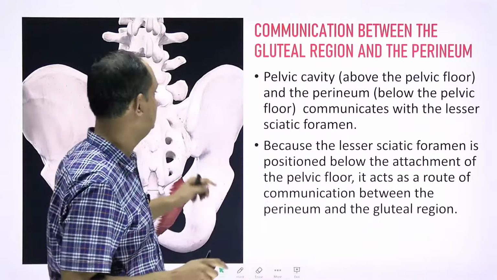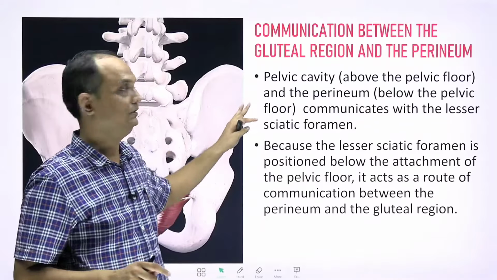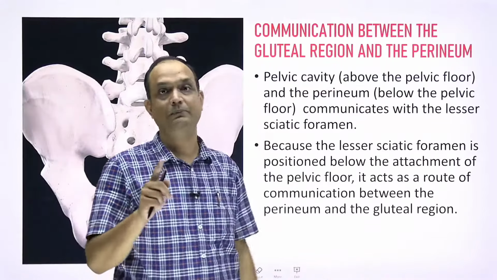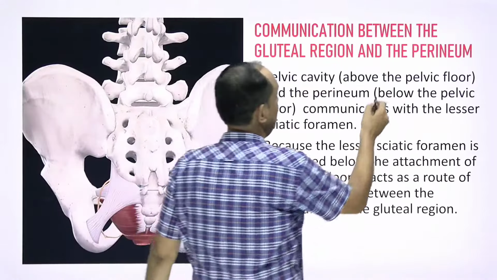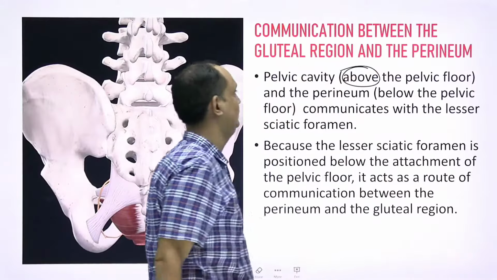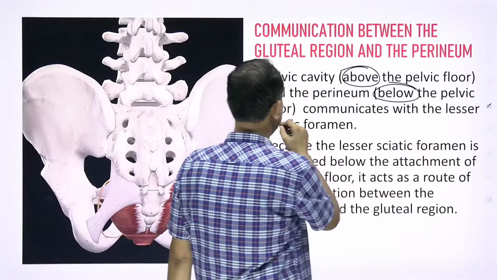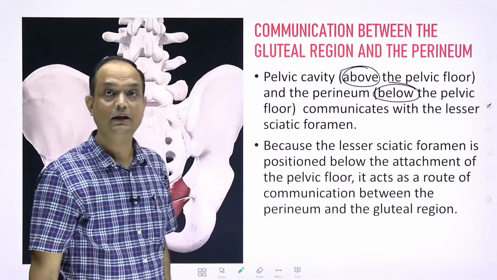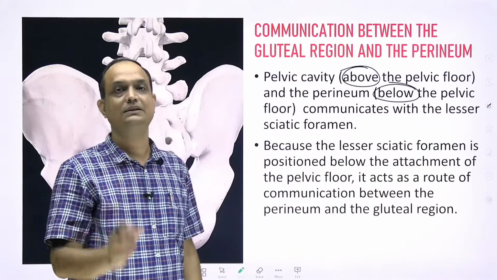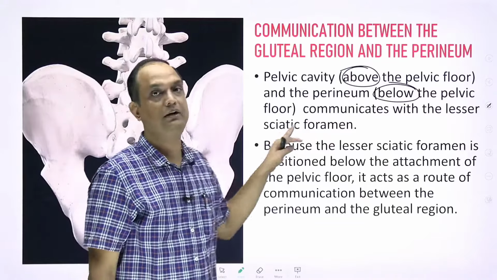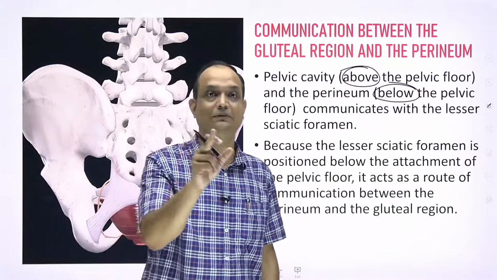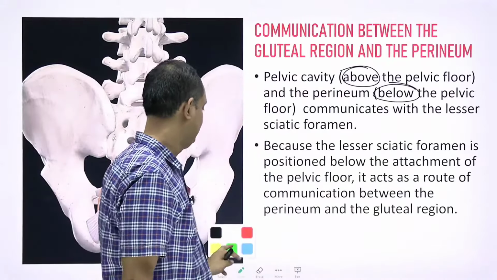That means when you see the communication between the pelvic cavity, that means the area above the pelvic floor, and the perineum, that means the area below the pelvic floor, it is through which foramen? Answer is lesser sciatic foramen. Why lesser sciatic foramen? The answer is here.